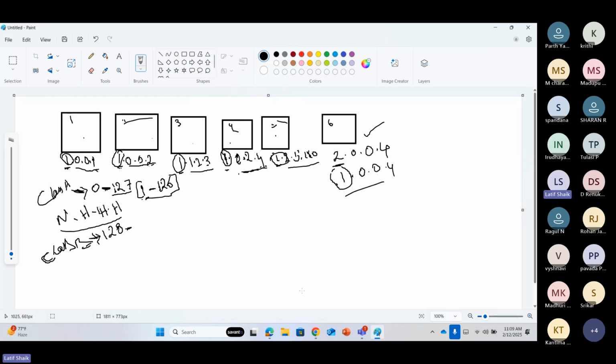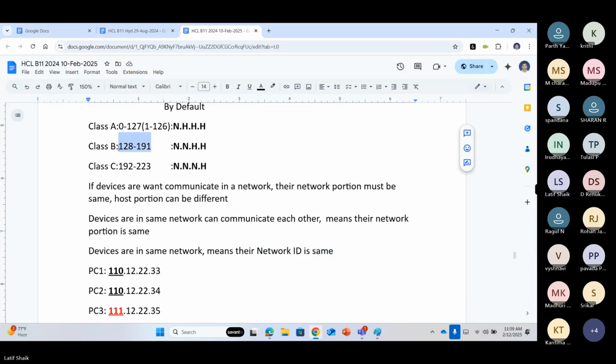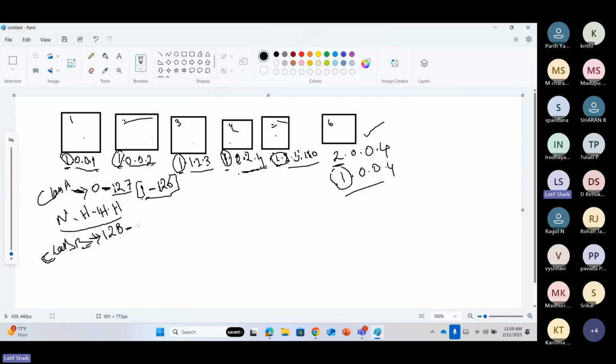We have it in the notes; you can check in the notes also. Now tell me, what is the range? 128 to 191. Very good, 191.